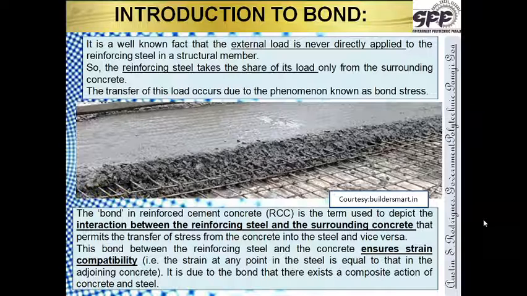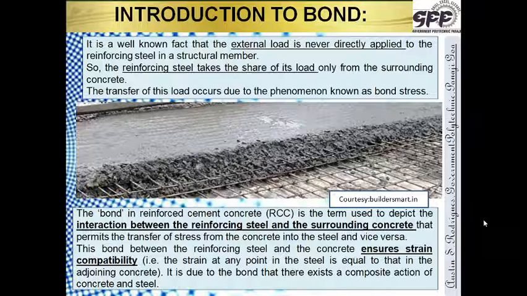Now, it's a well-known fact that external load, whatever load is applied on a beam or a column or a slab or footing, is never directly applied on the steel. In any structural member, it is never directly applied on the steel, it is applied on the member. We understand that the load comes on the slab, from the slab it goes onto the beam, from the beam to the column and to the foundation and further on.